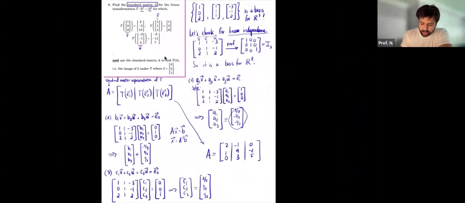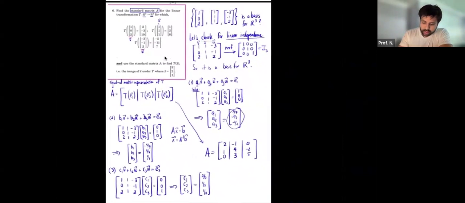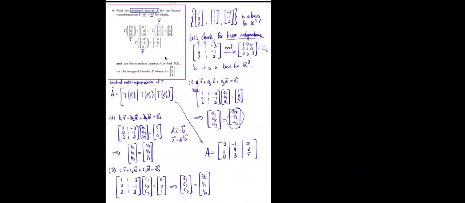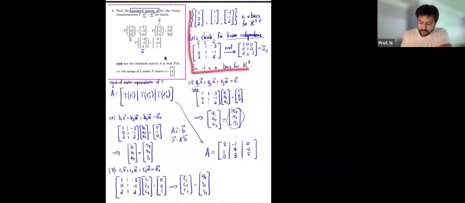This is what I was trying to explain to you in words yesterday. First we did this little minor pre-processing step, if you will. We verified that these input vectors were a basis.